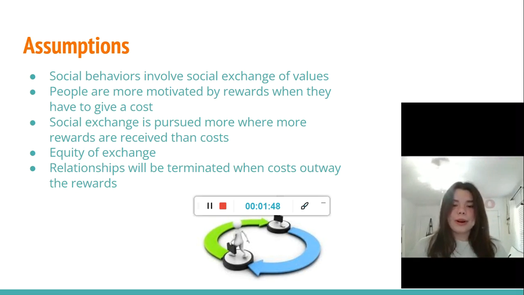Next, people are more willing to treasure a reward if it also is accompanied by a cost. The most obvious one is people seek out the relationship or situation with the most reward. People also desire equity in their exchange. The cost and reward balance each other out. When a cost outweighs or becomes greater than the reward, then the relationship will probably lead to termination.